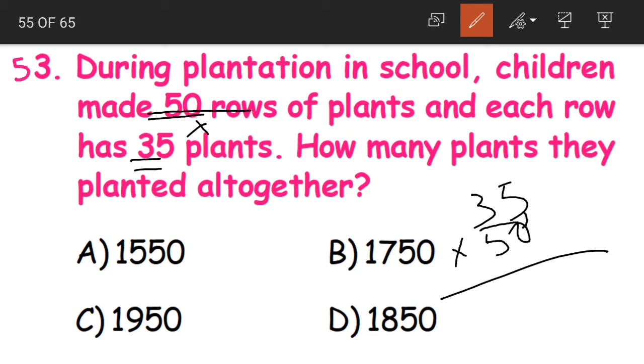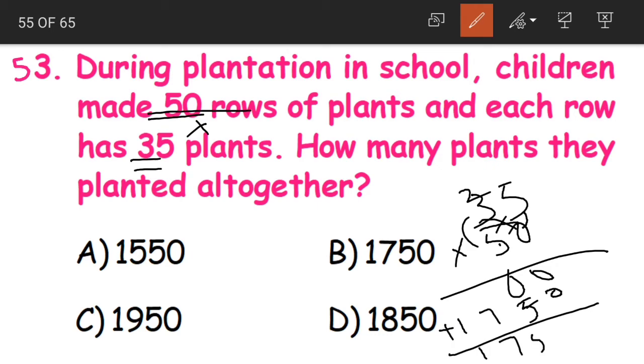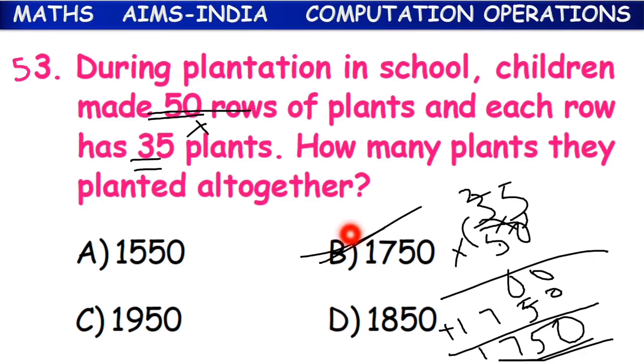So 0 5s are 0, again 0 3s are 0. New number, new line. First place 0, 5 5s are 25. 2 carried, 5 3s are 15 plus 2, 17. What is the product, children? 1750. Option B. 1750 plants were planted.